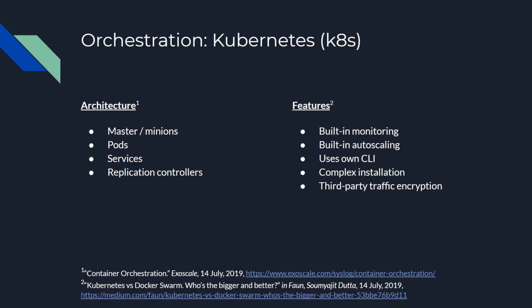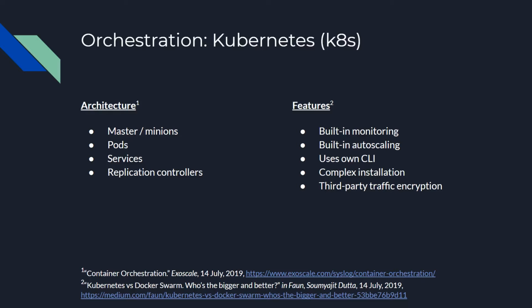Some downsides to Kubernetes is that it uses its own CLI, and in fact, I believe it's split up into two separate CLIs, kubeadm, which is kube administrator, and kubectl, which is kube control. And even around those two, there are a series of third-party wrapper scripts that people have built just to kind of help with some basic convenience tasks with Kubernetes.